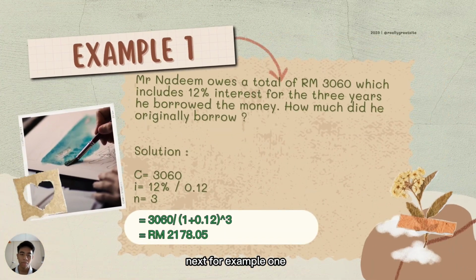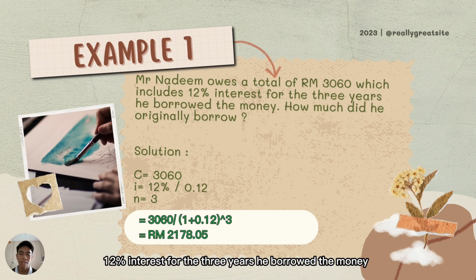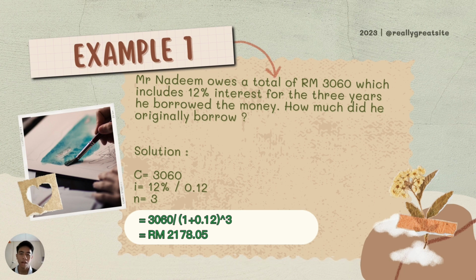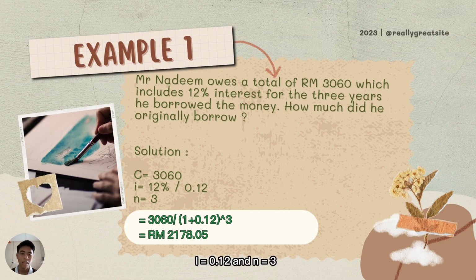Next, for example 1, the question is, Mr. Nadim owes a total of RM3060, which includes 12% interest for the 3 years he borrowed the money. How much did he originally borrow? The solution, we extract some information from the question, which is C equals 3060, i equals 0.12, and n equals 3.